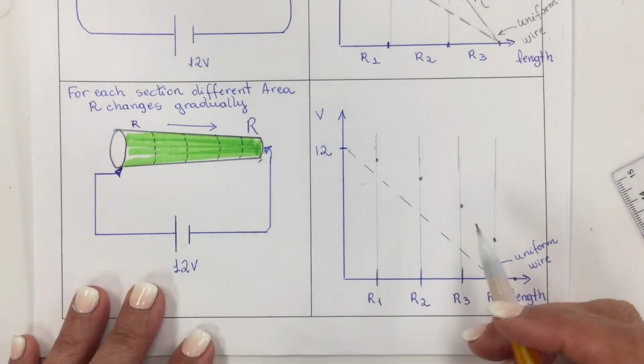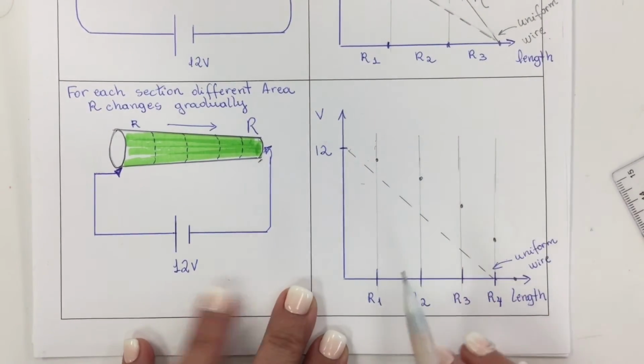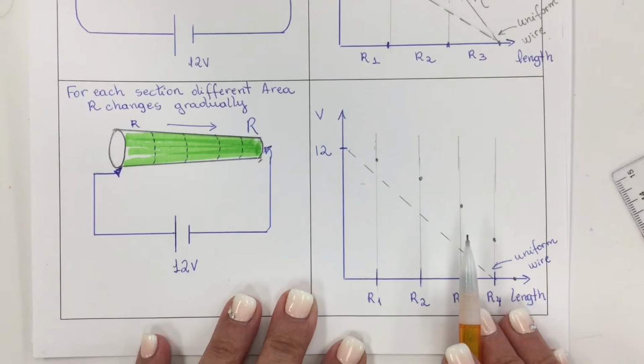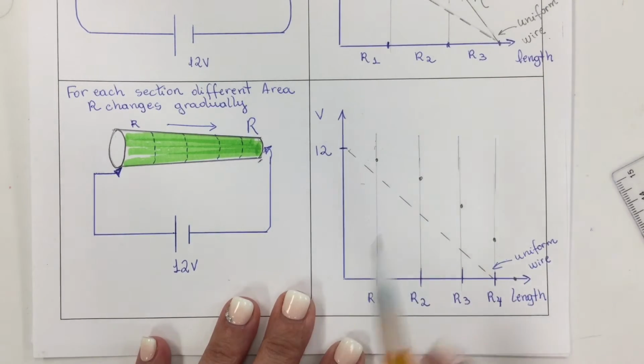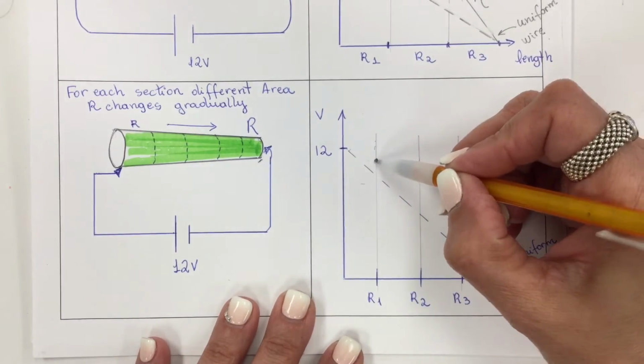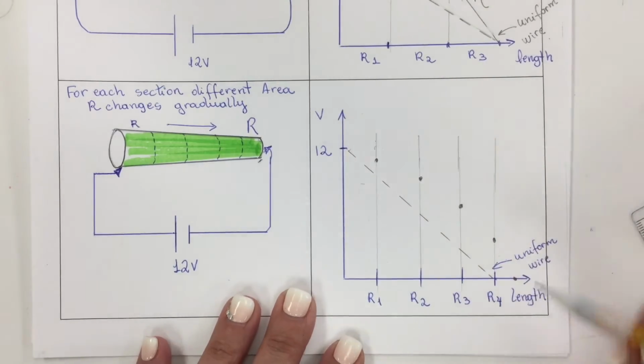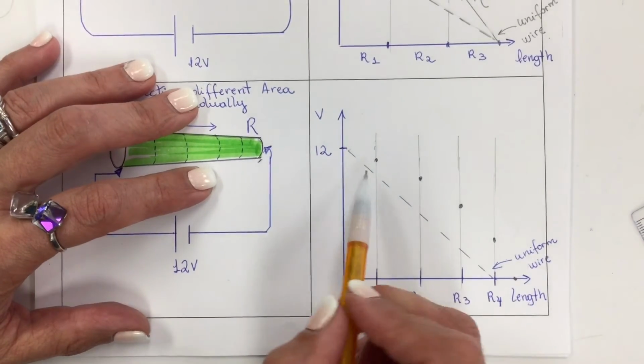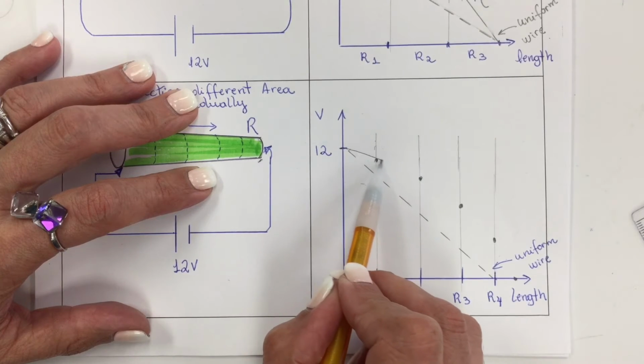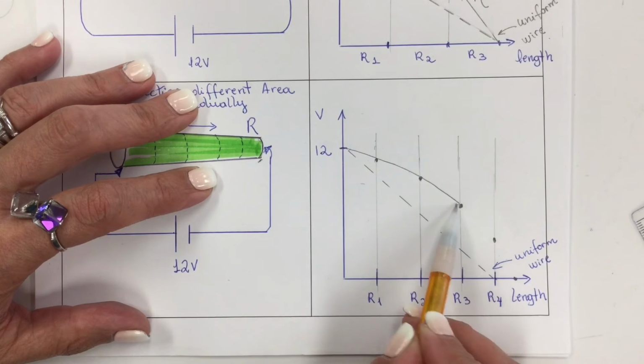Okay, so to finalize this graph, all that I need to do is have in mind that as the length of the wire gets longer, the resistance is getting larger and the voltage on the wire is dropping. So here are the points that we can select and draw a curve like this.